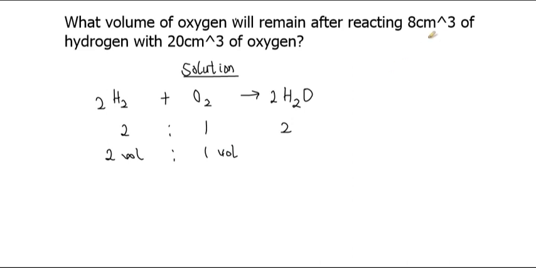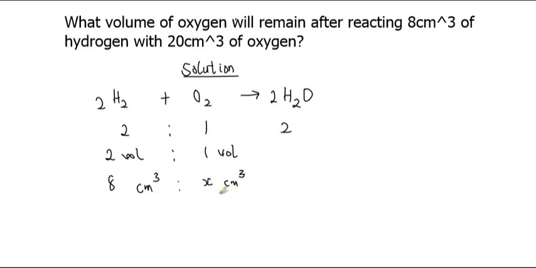The 8 cm³ of hydrogen given can also be regarded as the volume of hydrogen, since centimeter cube is a unit of volume. So we then say 8 cm³ of hydrogen gas, we then require X cm³ of oxygen gas.